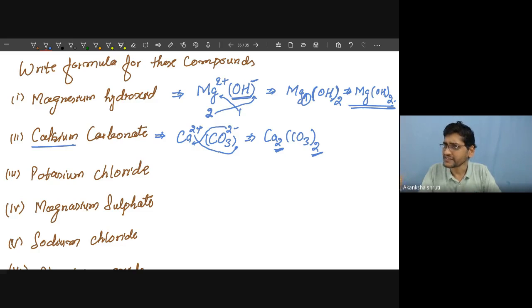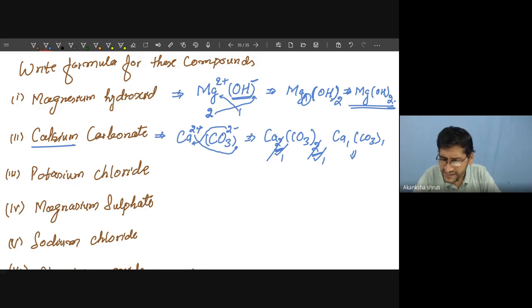So what is common to this first 2 and this next 2? 2 itself is the common. So these 2 and these 2 can be cancelled, and in place of these I can write only 1 and 1. So whatever the common factor, you can leave it. So it is like our Ca 1 time and CO3 also 1 time.